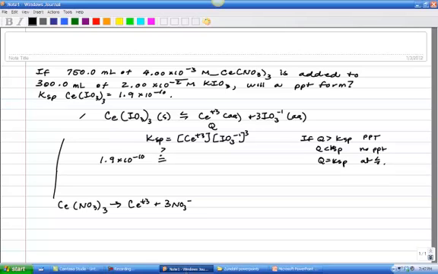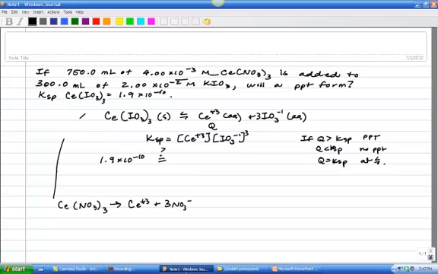And we're just interested in cerium. So you would think that the concentration of the cerium ion is the same as 4 times 10 to the negative 3. But remember, we are mixing.